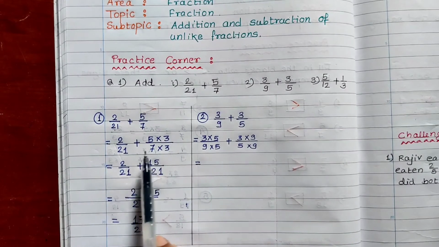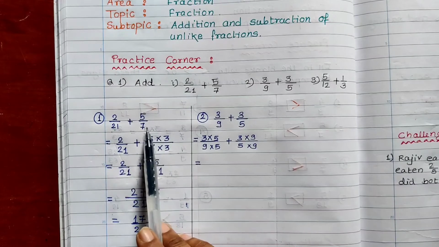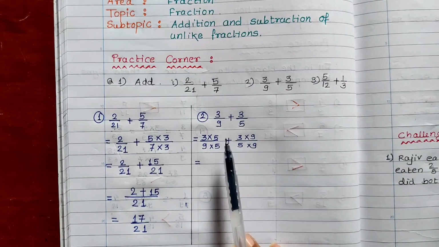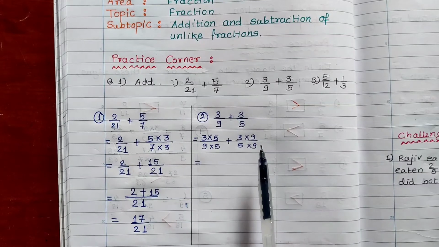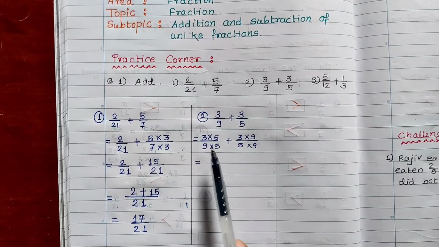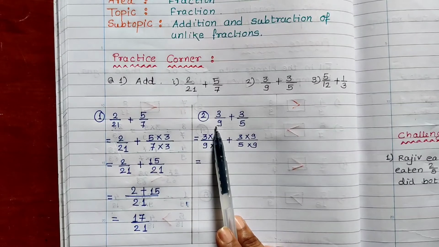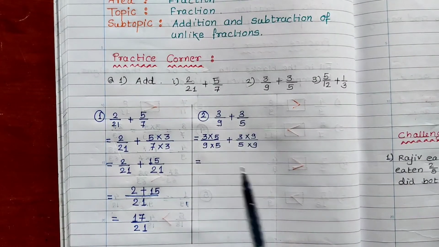In the first sum we did not need to multiply the first fraction, because multiplying 7 by 3 makes the denominator 21. In this sum it is not possible to multiply only one fraction and make the denominators equal, so we multiplied both.